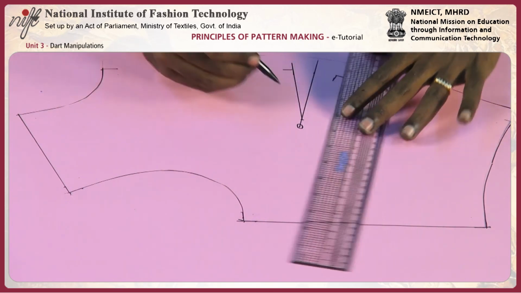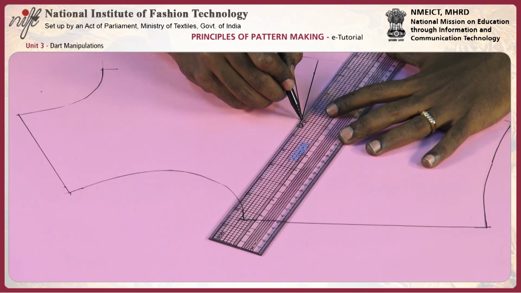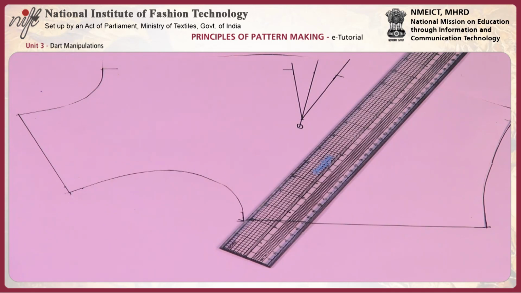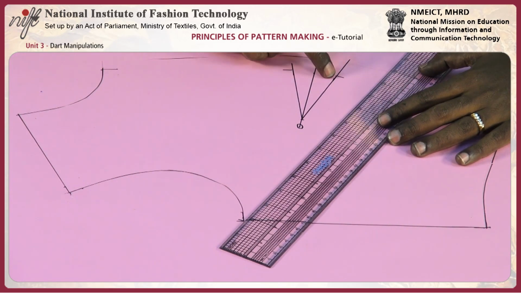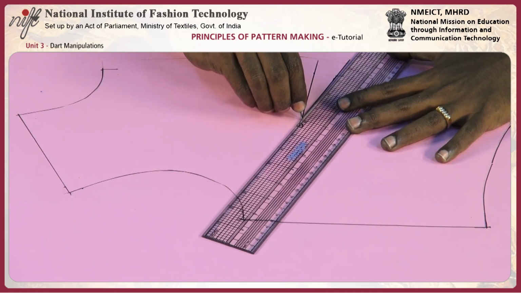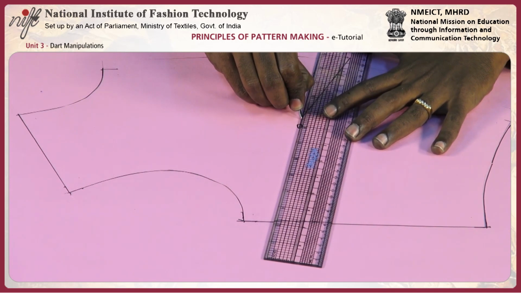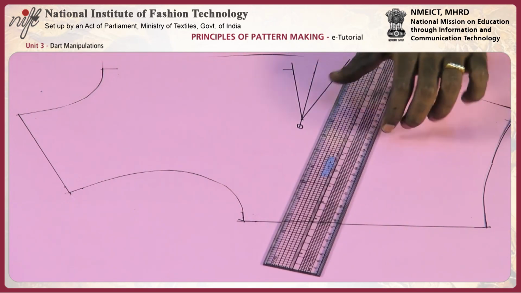Draw the dot legs. Since it is a horizontal dot, crease the lower dot leg, crease the center of the dot.